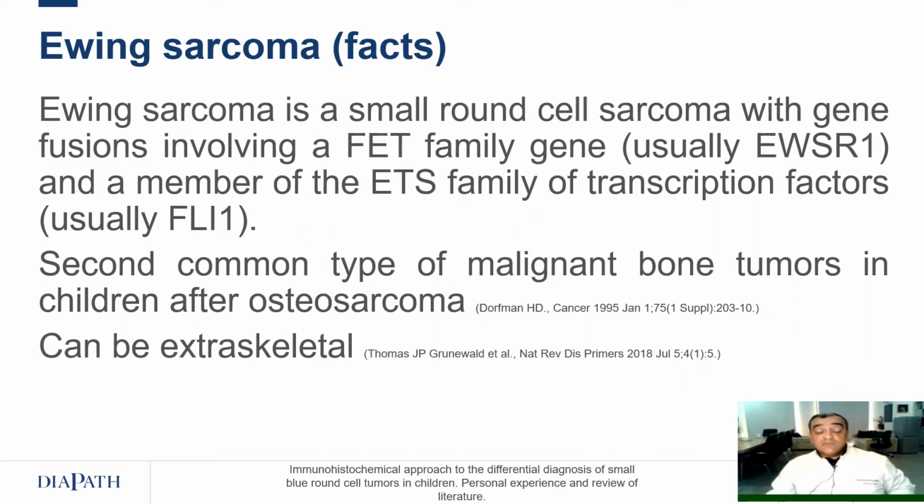So it must also be remembered that Ewing sarcoma is the second most common type of malignant bone tumor in children after osteosarcoma, and very importantly, pathologists must know and remember that Ewing sarcoma can be extraskeletal, without involvement of the bone.